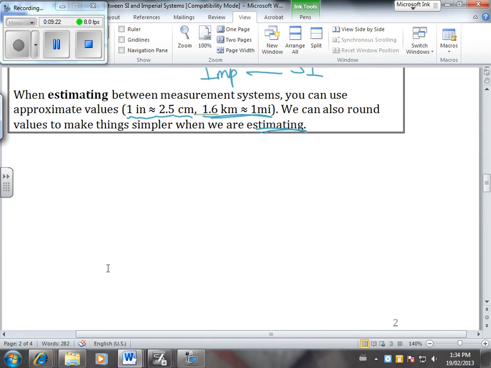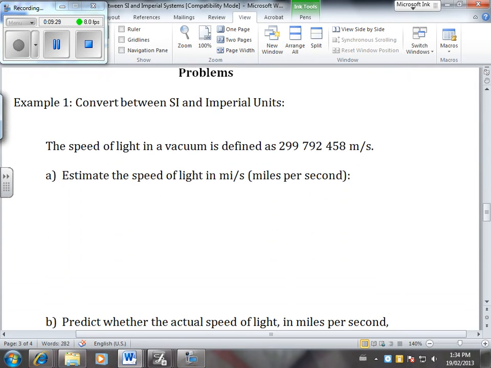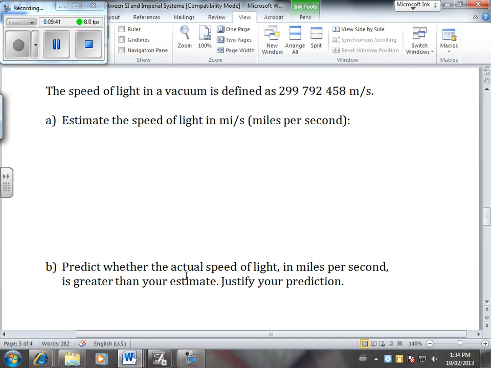So let's see what's next. We have some problems to work on. So convert between SI and imperial units. The speed of light in a vacuum is defined as 299,792,458 meters per second. Estimate the speed of light in miles per second.